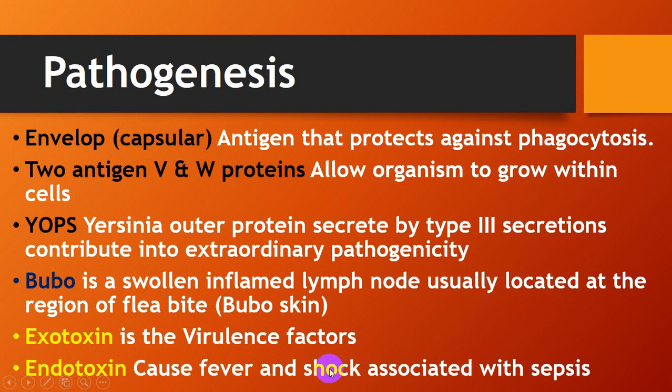It will cause fever, shock, and is associated with sepsis. So the whole summary of this pathogenesis is the three main virulence factors: envelope, antigens V and W, and YOPs protein. Then two more virulence factors, exotoxin and endotoxin. So bubo is formed, and we have discussed its features.